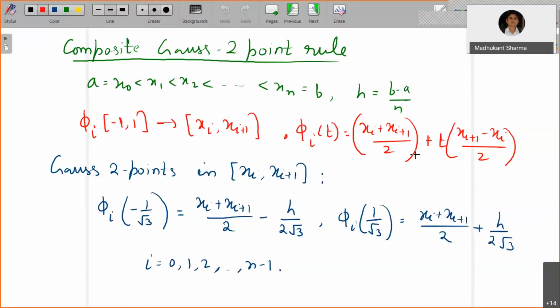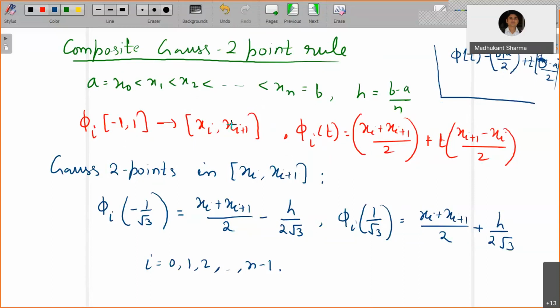If you recall from the previous slide, p of t was given by a plus b by 2 plus t times b minus a by 2. That can be generalized over the interval xi to xi plus 1. So instead of a and b, now you are going to use xi and xi plus 1 respectively. Then you will get all the possible affine maps.